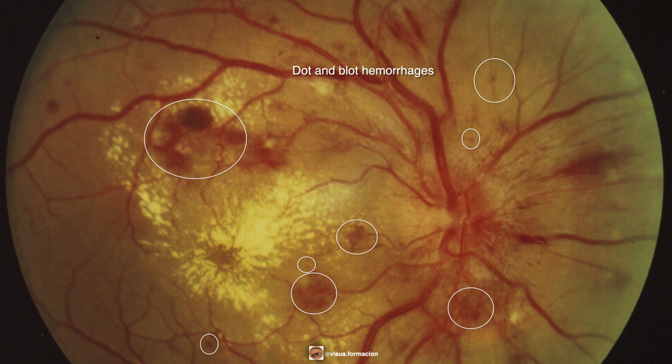They are easiest to see in the peripheral retina, where the nerve fiber layer is thinnest. Dot hemorrhages resemble microaneurysms. We must differentiate them, although sometimes it can be difficult, and fluorescein angiography might be necessary to distinguish them.